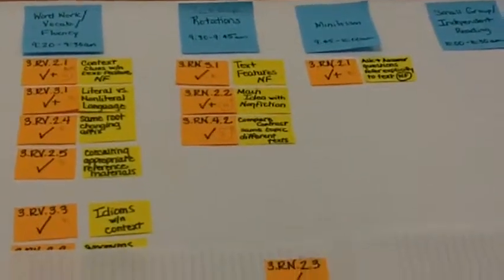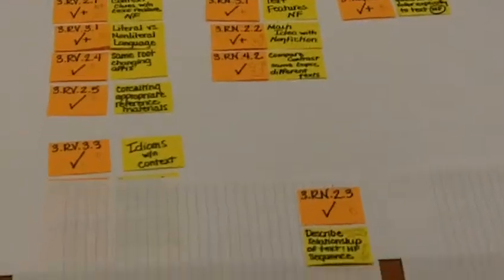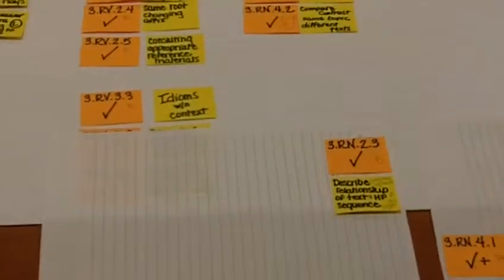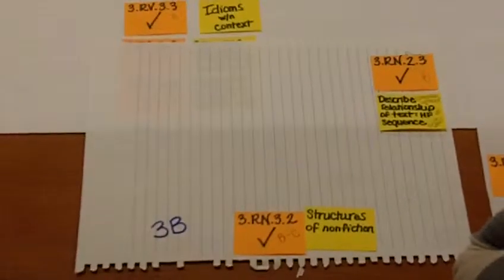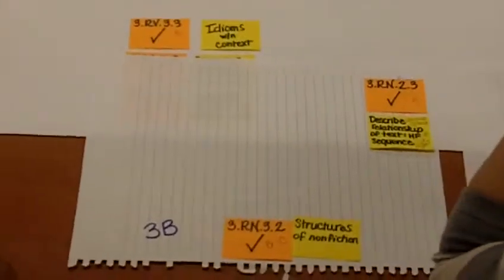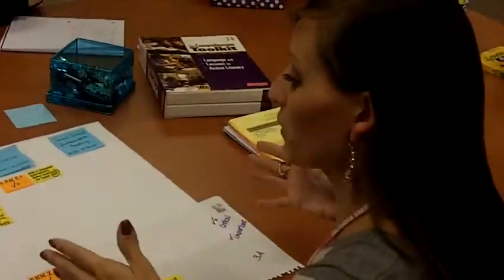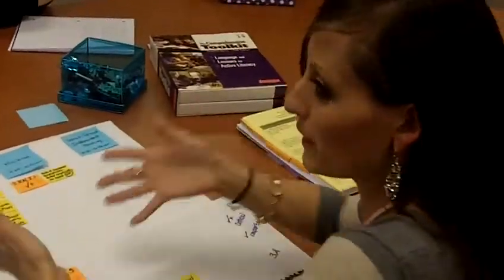When I look at what's left, structures of nonfiction. Basically, our kids right now are familiar with literary text. We need to get them familiar with how nonfiction is even laid out differently. Nonfiction doesn't look, boys and girls, like literary text.